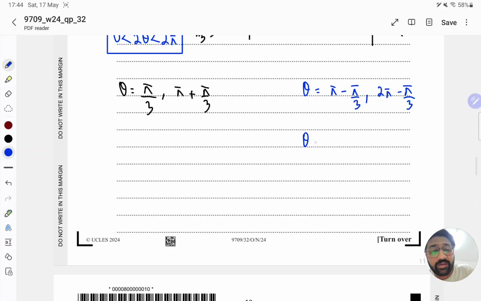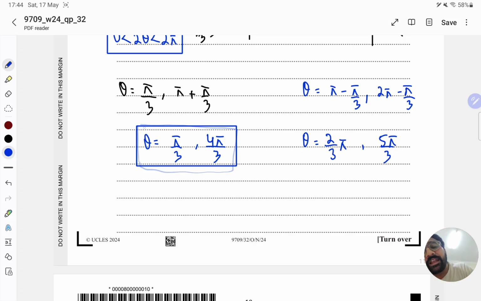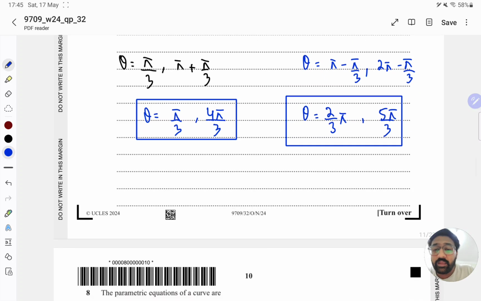Now if I simplify this one, it is going to be 2 by 3 pi, and this is going to be 6 pi minus 1 pi, which will be 5 pi by 3. And from here, theta will be pi by 3, comma 4 pi by 3. So these are the four exact values of theta that we were supposed to find out.